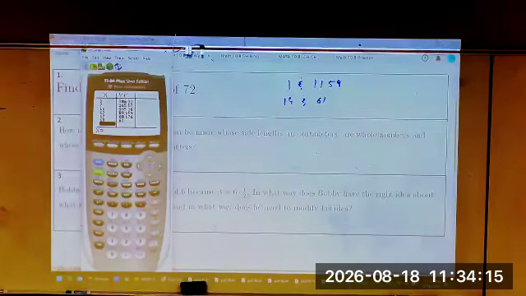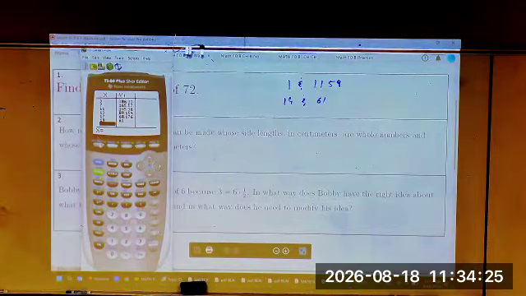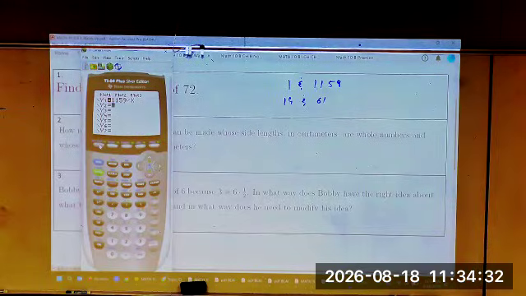Now you don't even have to punch in 1,159 divided by 19 every time. What I did was, here where it says y equals, I typed in the equation 1,159 over x, as the y sub 1 equation.